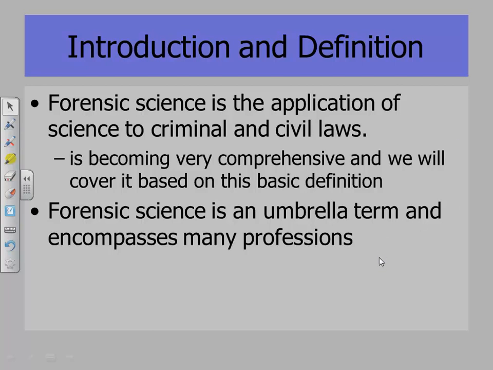So forensic science is really a broad term. A few people are trained and get a master's degree in forensic science, but it's kind of a degree for professionals. Those people are trained in forensic science and go work in forensic science labs.